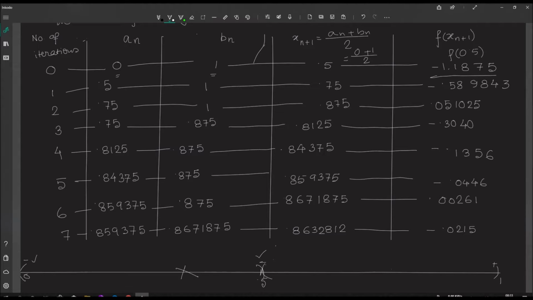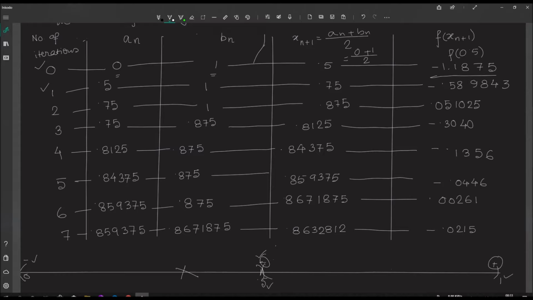That means opposite signs of f(x), here 0.5 and 1, because for 0.5 the value of f(x) is minus, and for 1 the value of f(x) is plus. So we are proceeding to the second iteration.